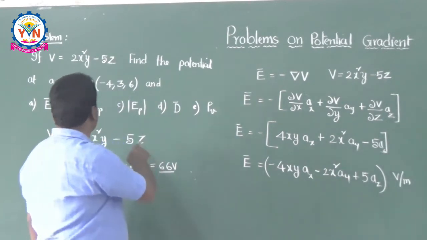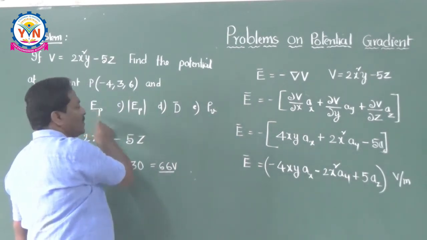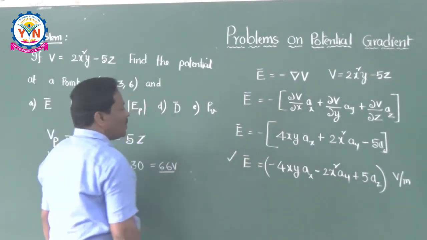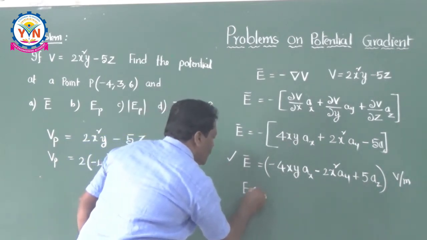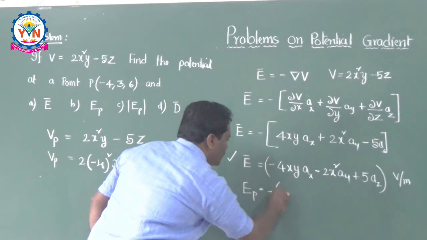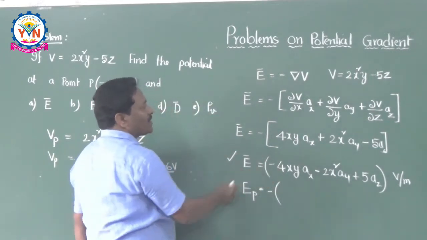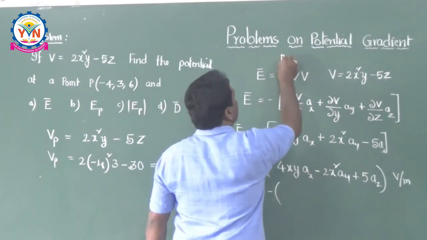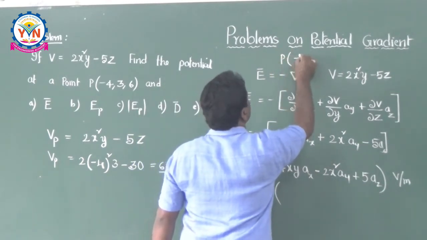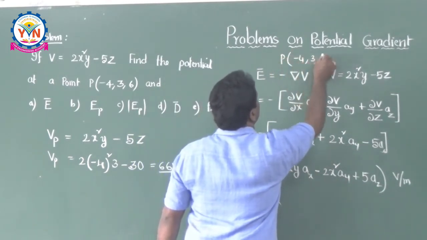But what is the next parameter it is asking? EP. So already E bar is known to you. So EP means electric field intensity at that particular point. That means you have to substitute here. For xy Ax, what is the x value he has given? What is the point he has given? Point P is -4, 3 and 6.